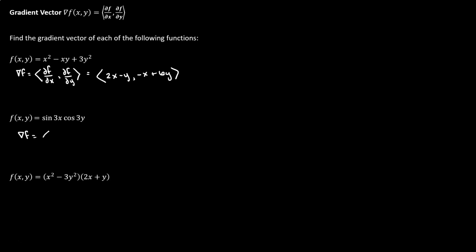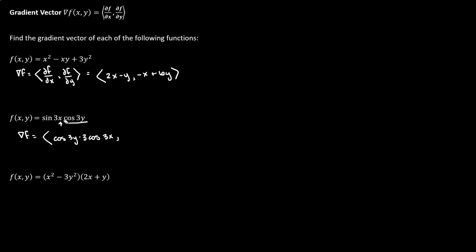For the second function, I again see two independent variables, so I know I'll have two components to my vector. The first one is the partial of my function with respect to x. So noticing that x only shows up once right here, I can treat cosine of 3y as a constant coefficient. Then multiply by the derivative of sine 3x, which would come out to be 3 cosine 3x.